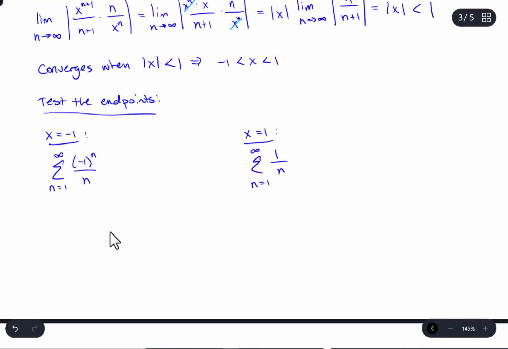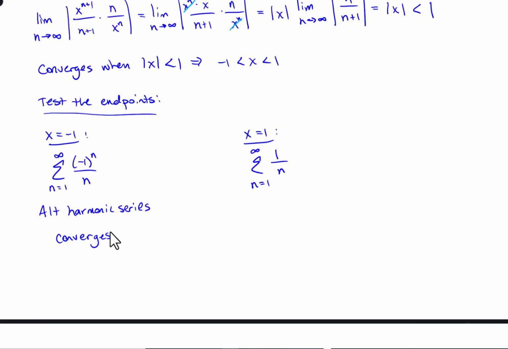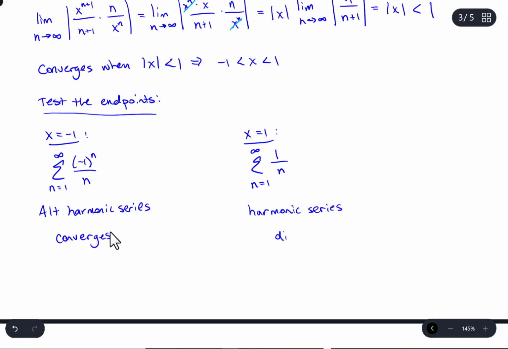And usually at this point, there's not a lot of work involved. This is the alternating harmonic series, and we know that that converges. We don't really need to go through all the tests there. We can safely assume the alternating harmonic series converges. This one is the harmonic series itself, and we know that that diverges.